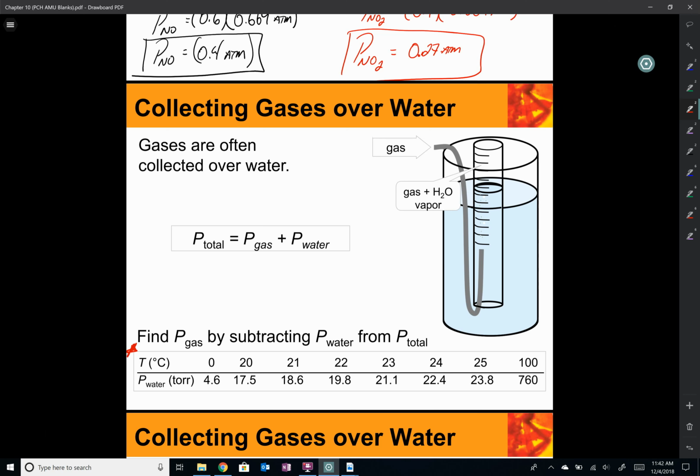Often in the book, you're asked to calculate the pressure of a system when it's collected over water, so we're going to use this table of data, and I've copied part of it in here. But let's see how a question like this is asked.